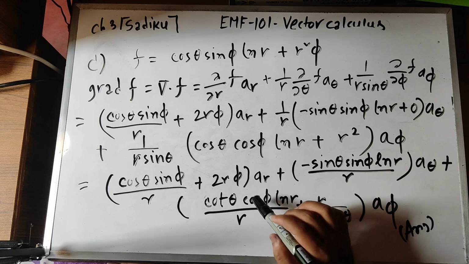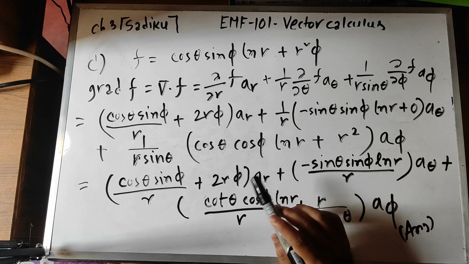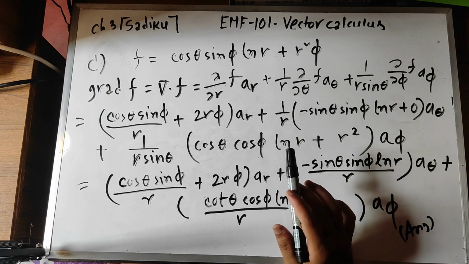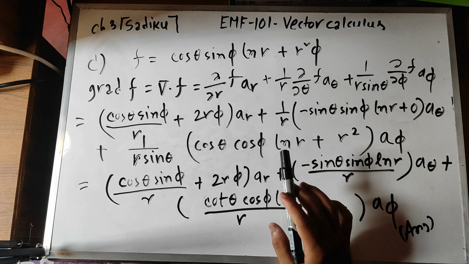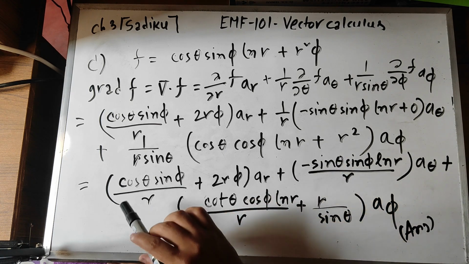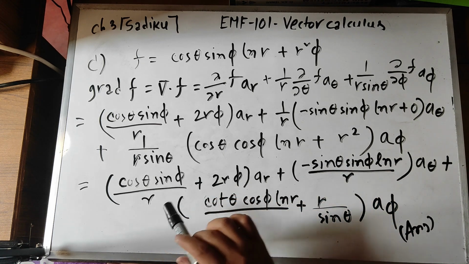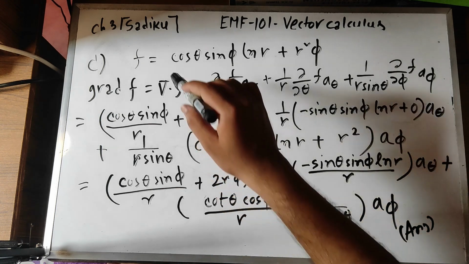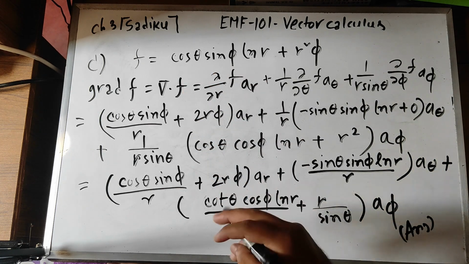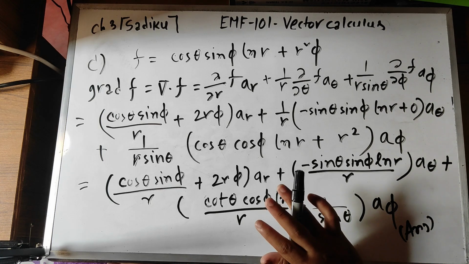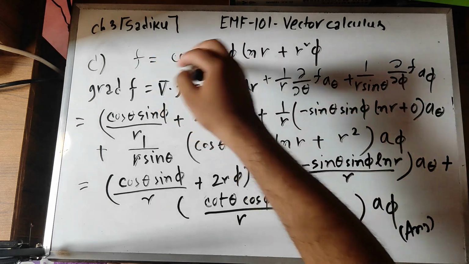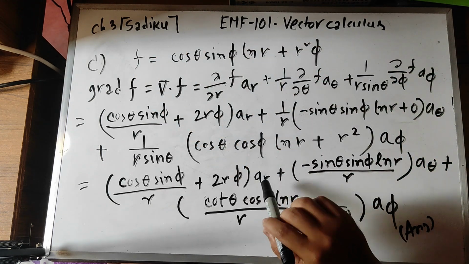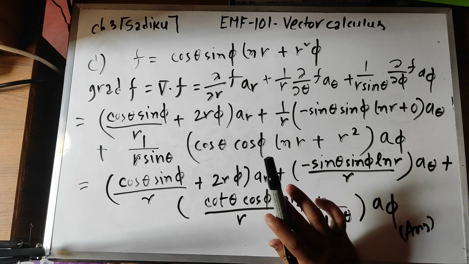So in the direction ar, the maximum rate of change, or in this case you can say increase, is cos theta sine phi by r plus 2r phi.